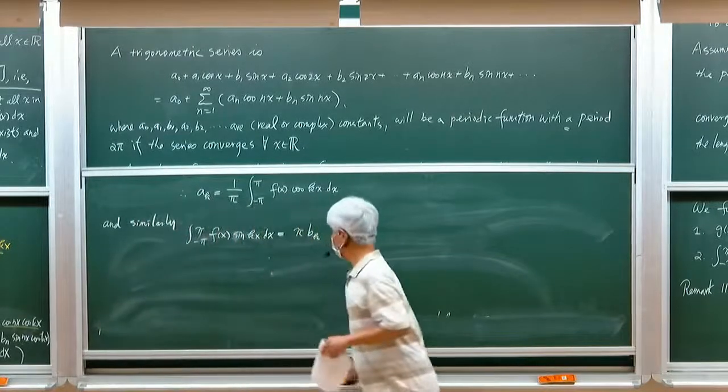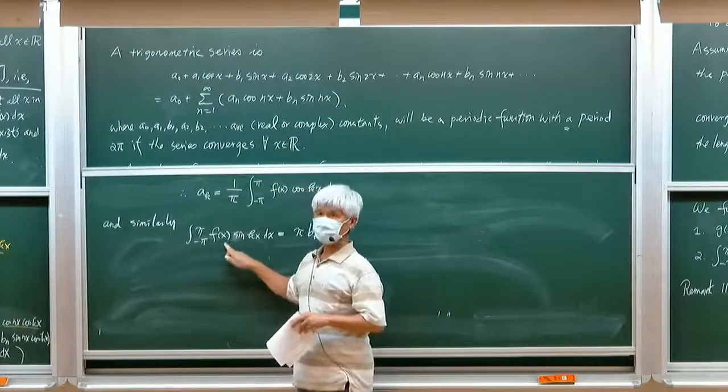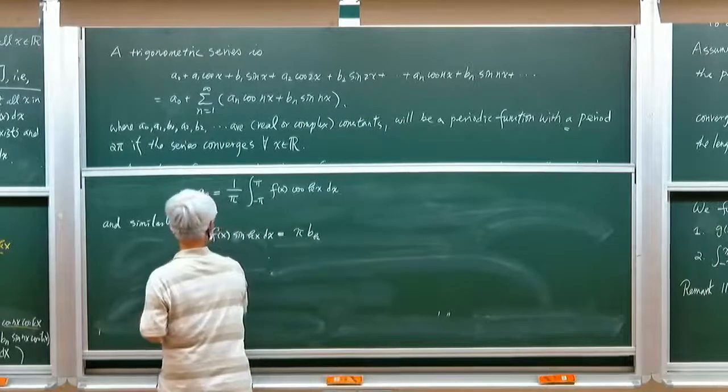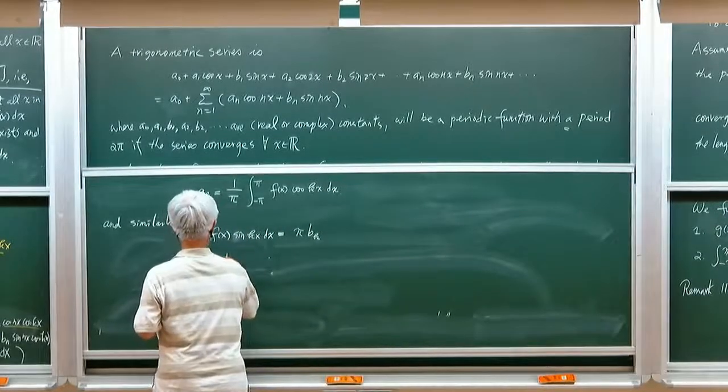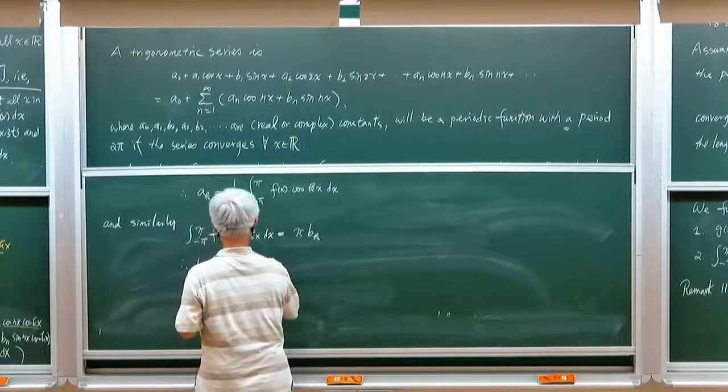Okay? And once again, this integral exists and is finite. So b_k is equal to 1 over pi times the integral of this function.